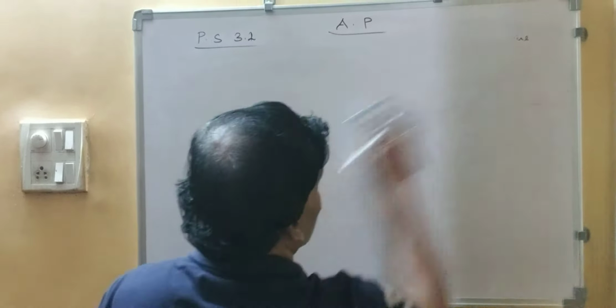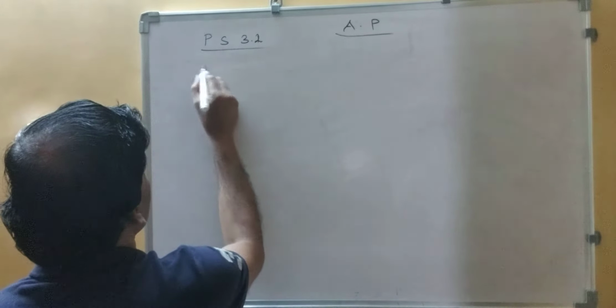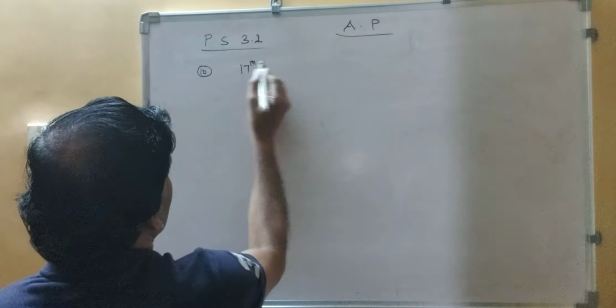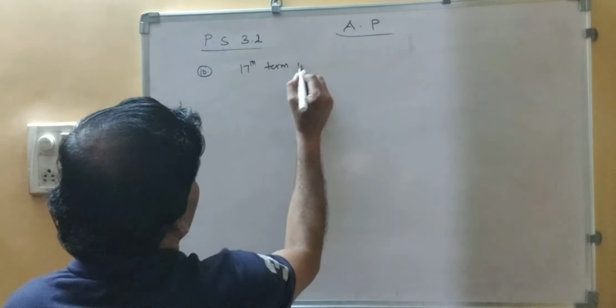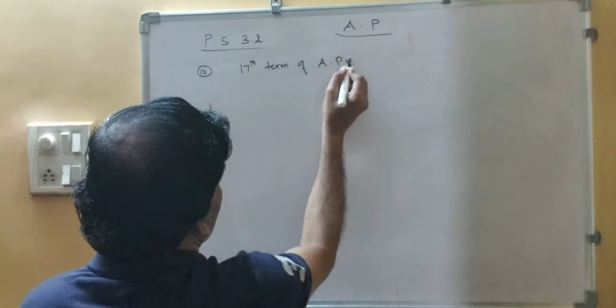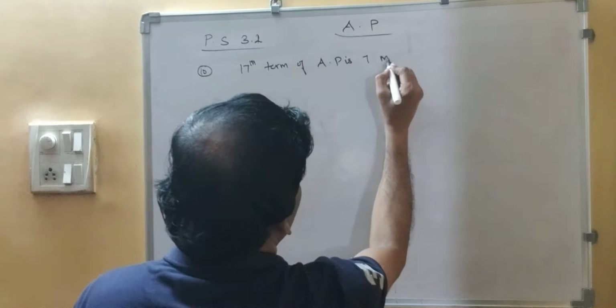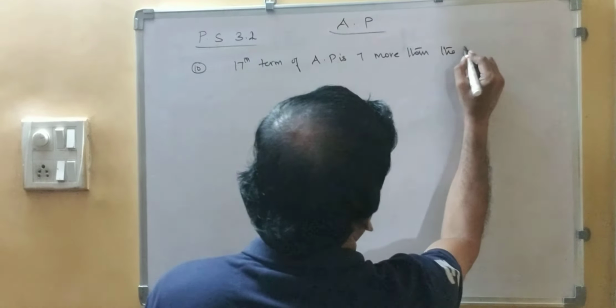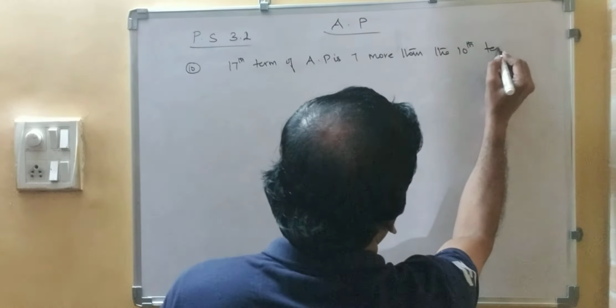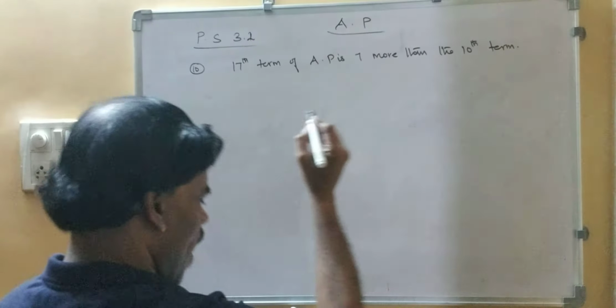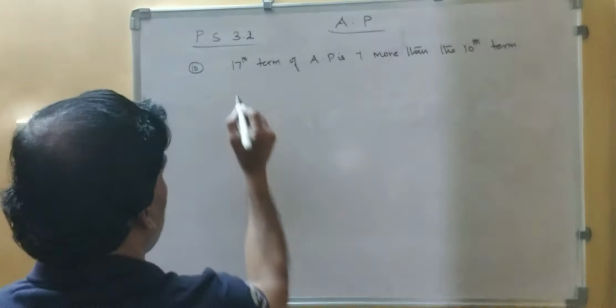Okay, what is that sum? The 17th term of an AP is 7 more than the 10th term. Find the common difference.